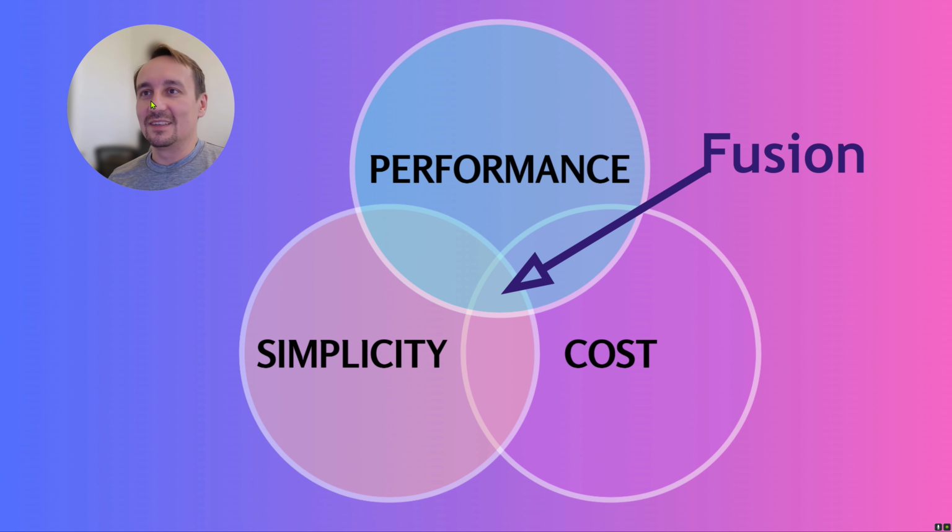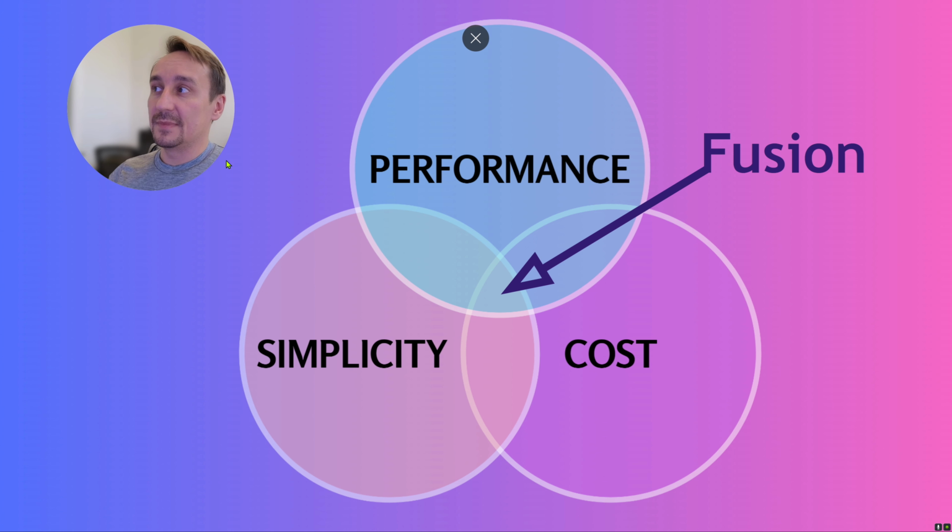Why all of this is so important, in my opinion, is because you can rarely get performance, simplicity, and low cost together. I mean, if we are talking about implementing some real-time stuff, then Fusion is an extremely low-cost solution. I'll show you later how tiny the amount of code responsible for real-time in an actual chat is, for example.